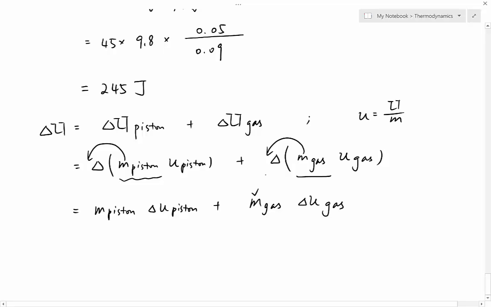Mass of the gas is given. Delta u of the gas is also given. Mass of the piston is given. So the only thing we want to find out is delta u of the piston, which means the change of the internal energy of the piston.